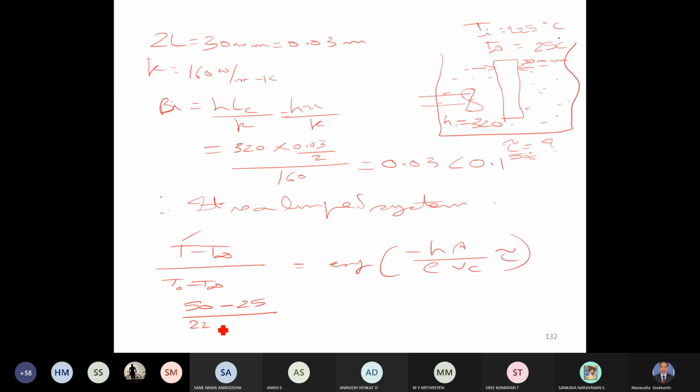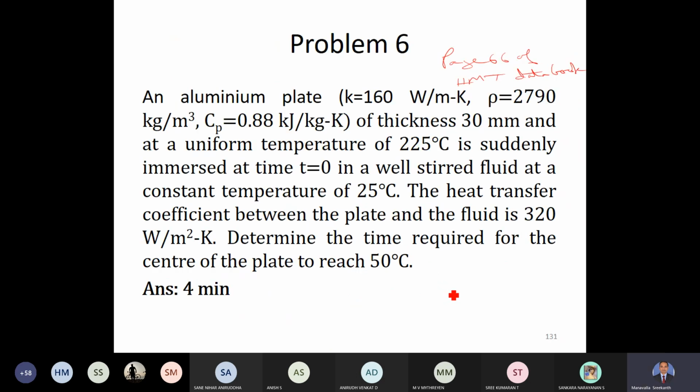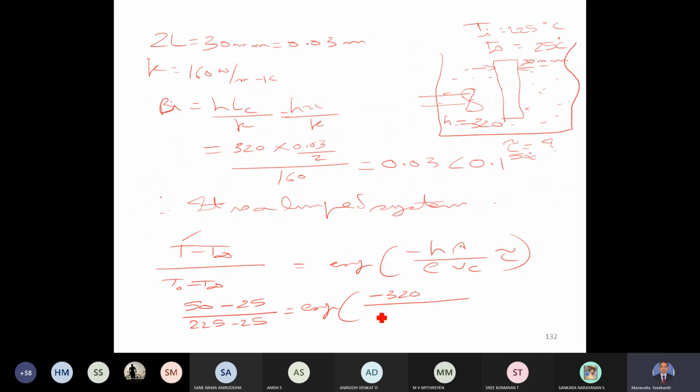divided by T naught. T naught is the initial temperature. This is 225 minus 25, equal to exponent of minus H, which is 320. Now, A by V is the inverse of V by A, so we'll substitute in the denominator. Density is how much? We are given the density of aluminum as 2790.